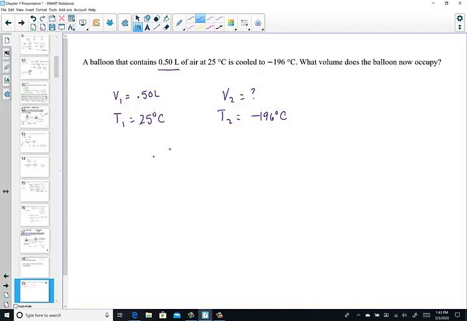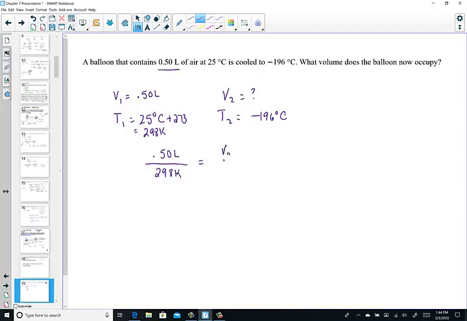The first volume of 0.50 liters set over the Kelvin unit. So before I put that in, I want to add 273. When you add 25 and 273, the Kelvin unit comes out as 298. Check that on your calculator with me. 298 Kelvin units. That's what goes into the Charles' law value.